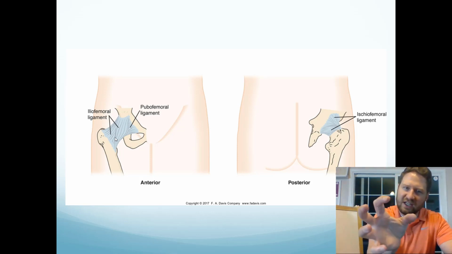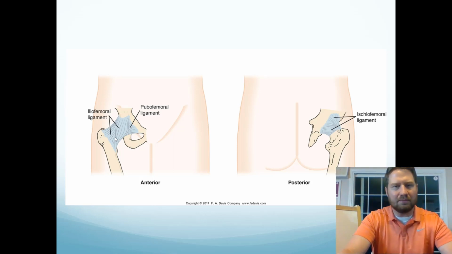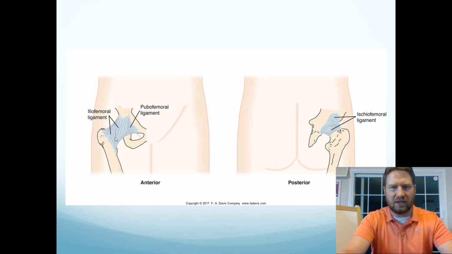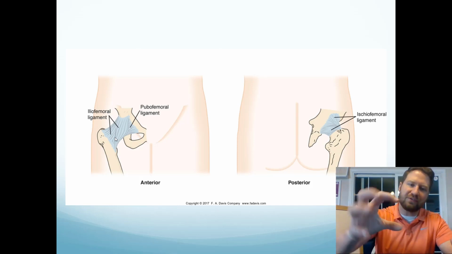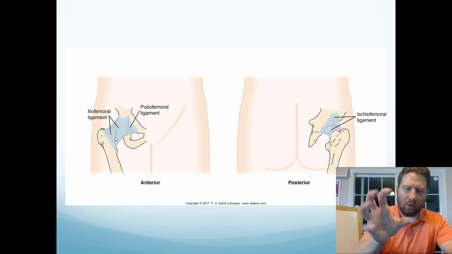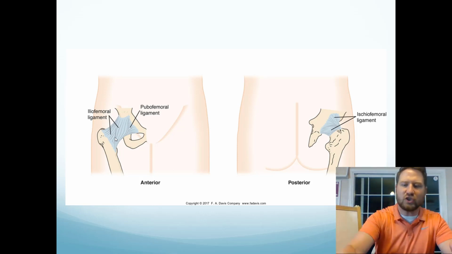As you go into extension, those ligaments are going to get tighter and are going to limit the amount of extension that is available. And then as we go into flexion with that spiral orientation, those ligaments are going to get put on slack. They kind of unwind a little bit so that way you can have more flexion range of motion.